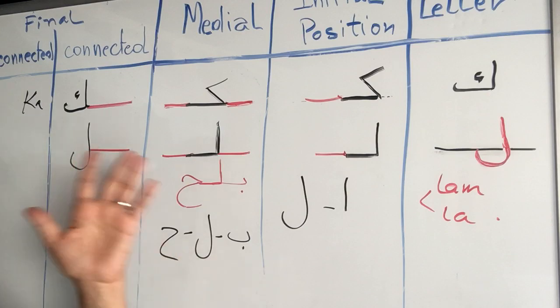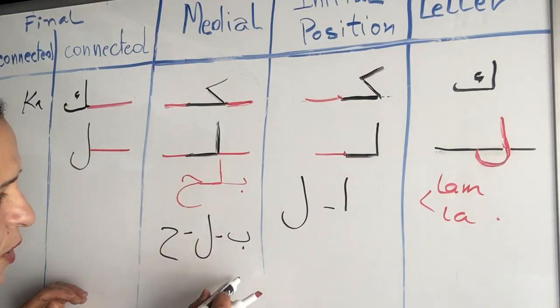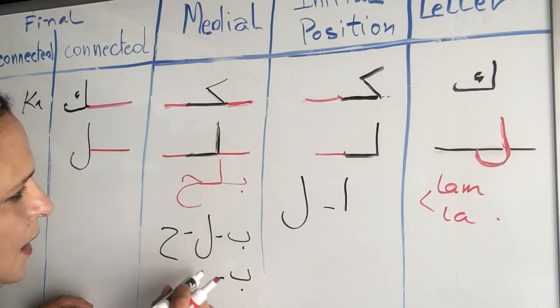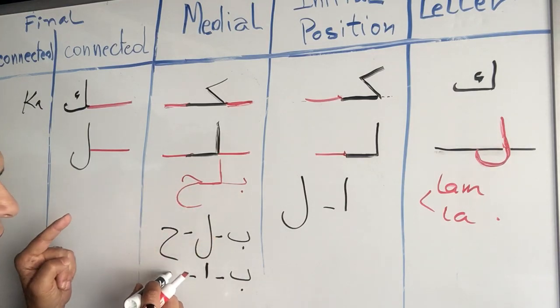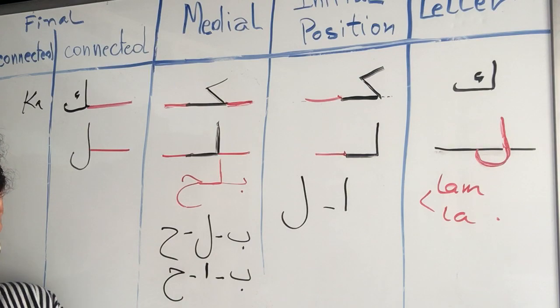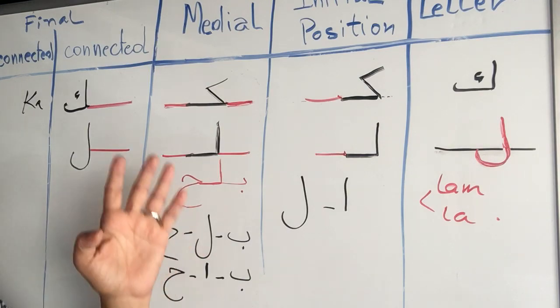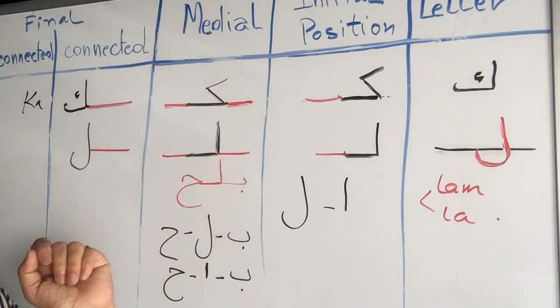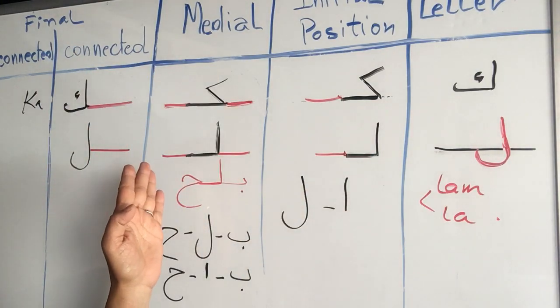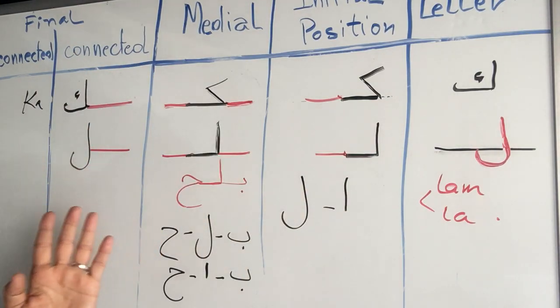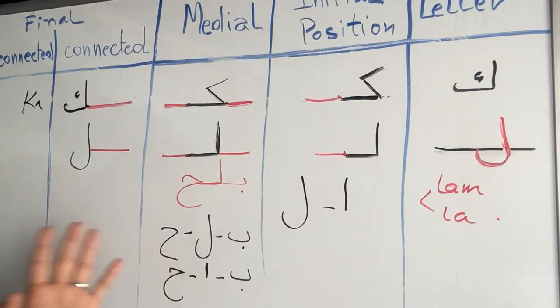What do I find? Some students do it like this. They say, well, this is ba, and this is alif, and this is ha. And the rule says, if you go back to alif at the beginning, that alif never connects after. Alif is part of 6 huruf that are one-way connectors.